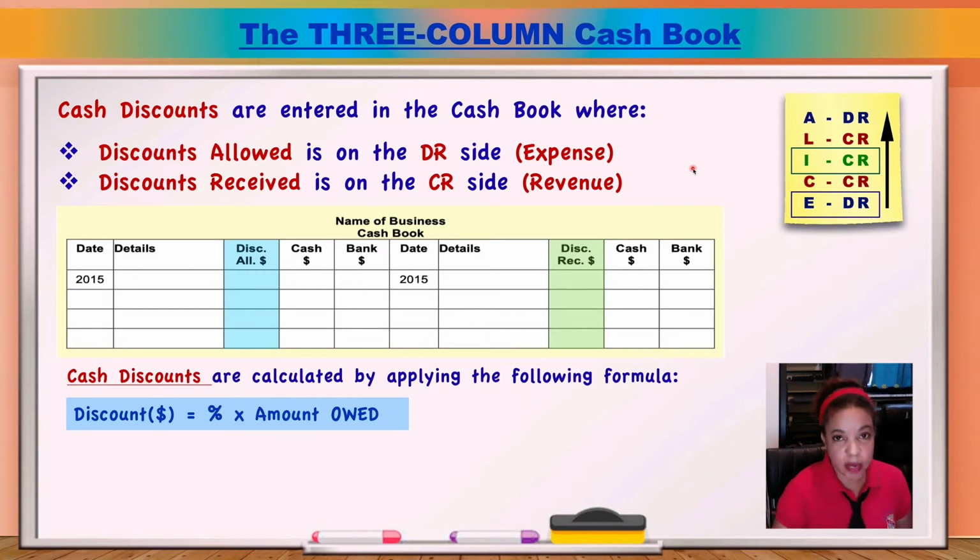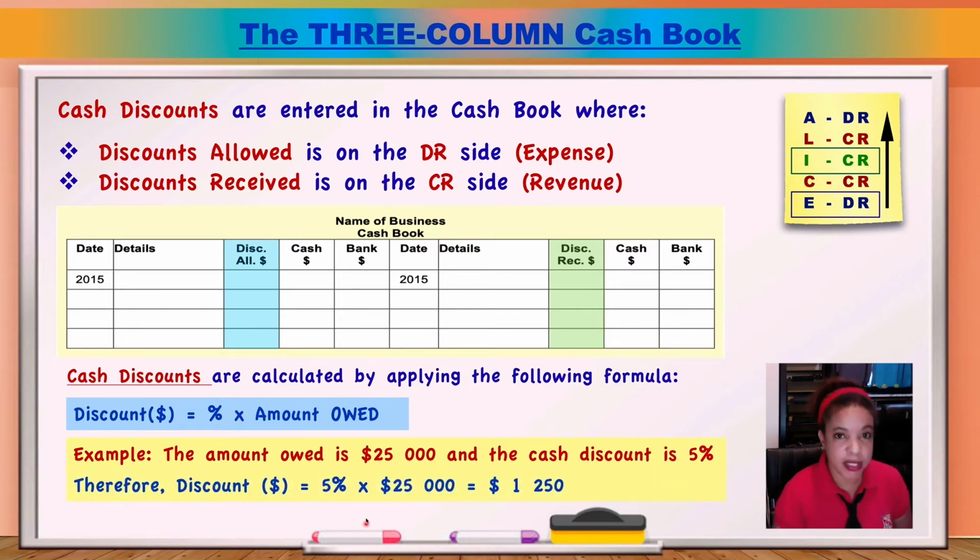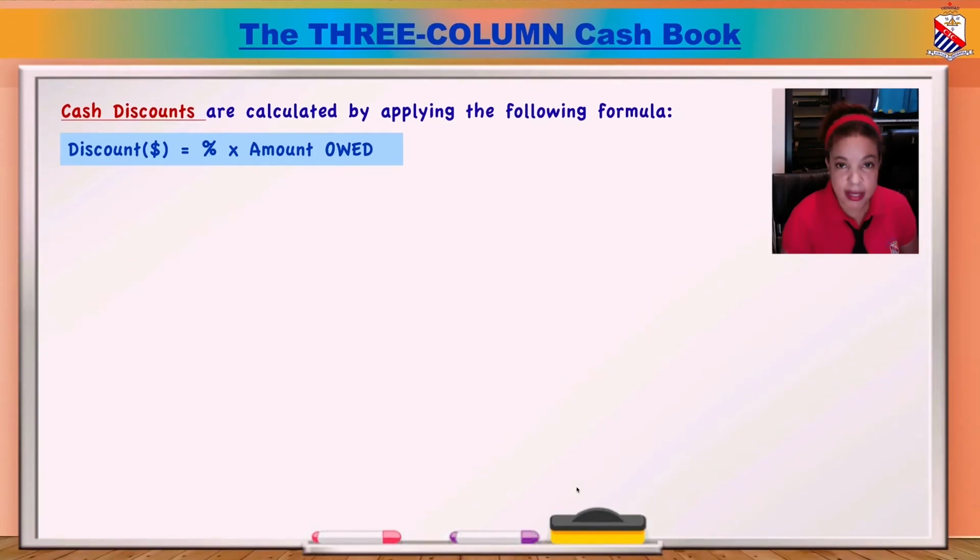So your total amount that is owed, to find out what your monetary amount is for the discount, it will be whatever the discount percentage is by the amount owed. For example, if you owe $25,000, cash discount is 5%. That means that your discount will be 5% of $25,000, which is $1,250. As easy as that.